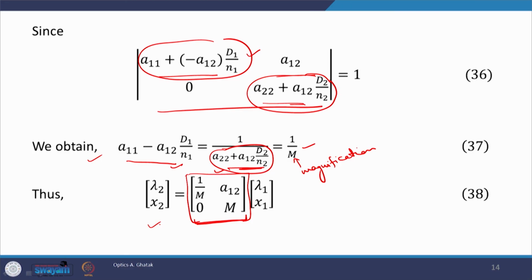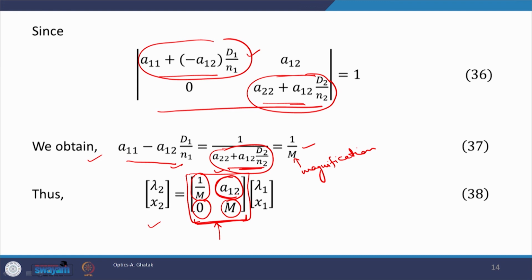Now, after analyzing the system using the matrix method, we found a simplified matrix whose first term is the inverse of magnification, the last term is magnification, this term is equal to 0, and the only unknown is this term a12. A12 is the only unknown we are left with.